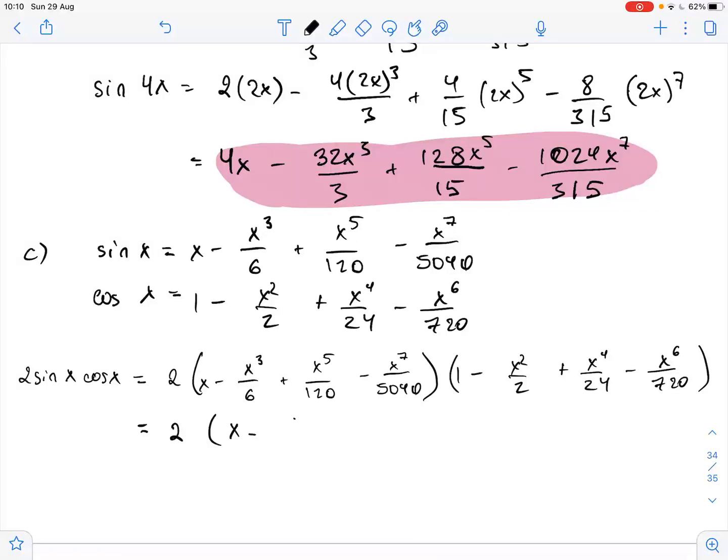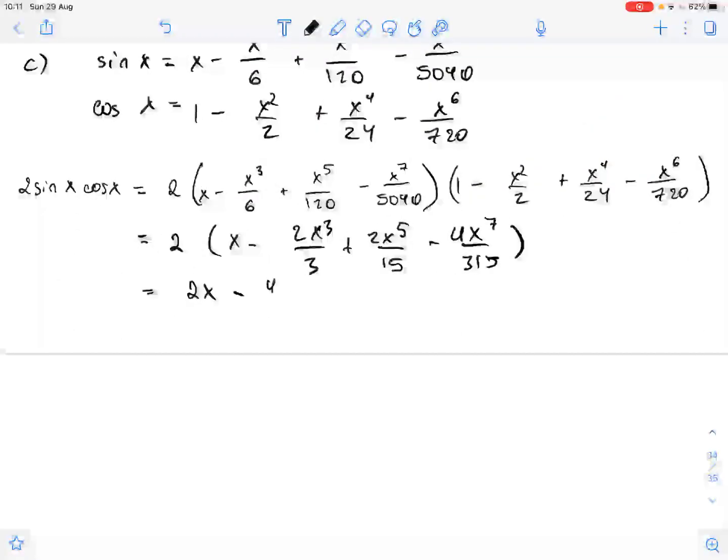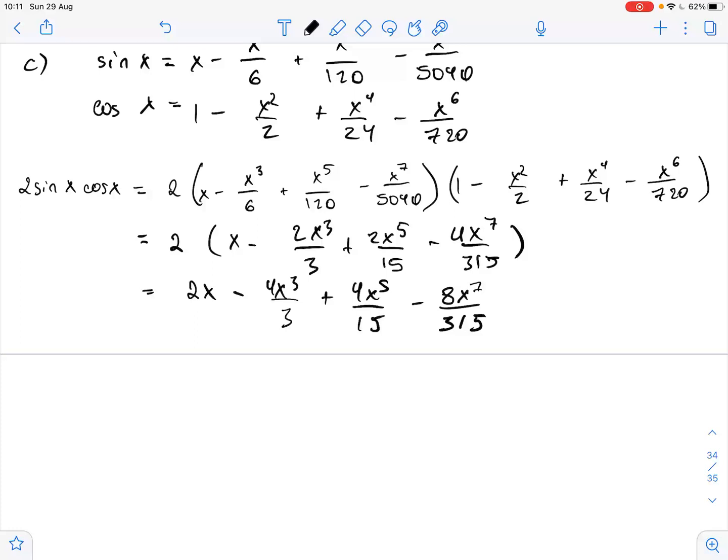Well, if we do the multiplication, we get that this equals 2 times x minus 2x cubed over 3 plus 2x to the 5th power over 15 minus 4x to the 7th power over 315. Then this equals 2x minus 4x cubed over 3 plus 4x to the 5th power over 15 minus 8x to the 7th power over 315. And this is our final answer.